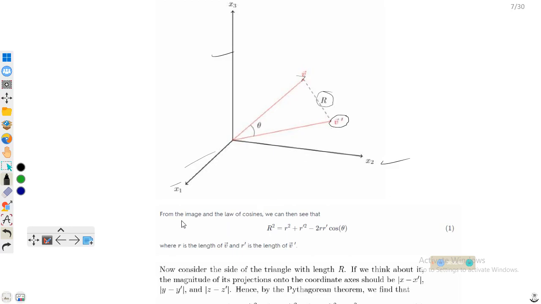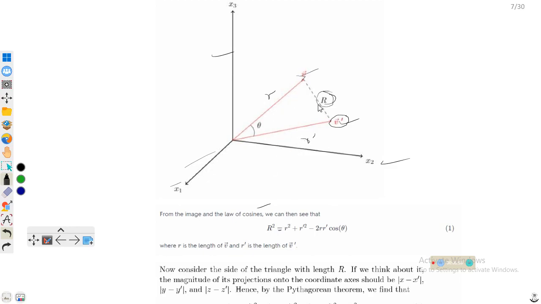From the image and the law of cosines, we can write the following. If we are given two vectors, this is vector V, this is vector V prime, and this is the angle between them, then we can find R by the law of cosines.